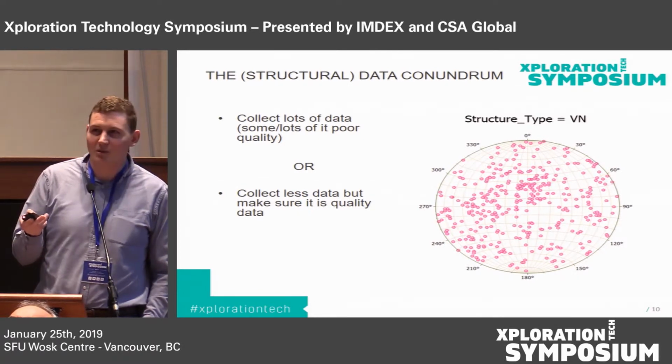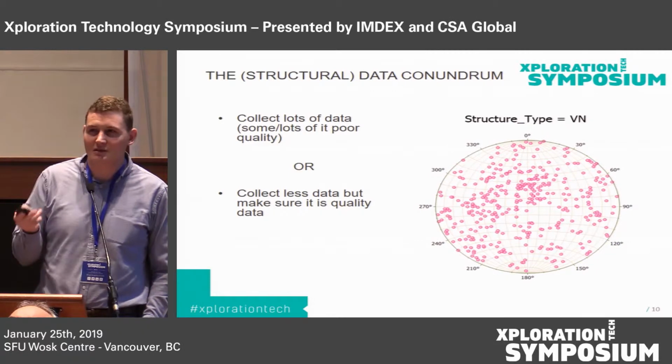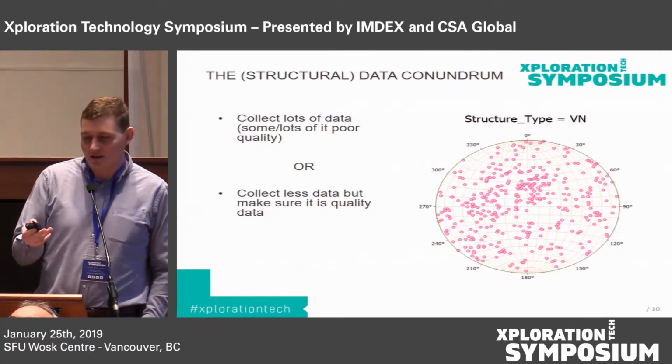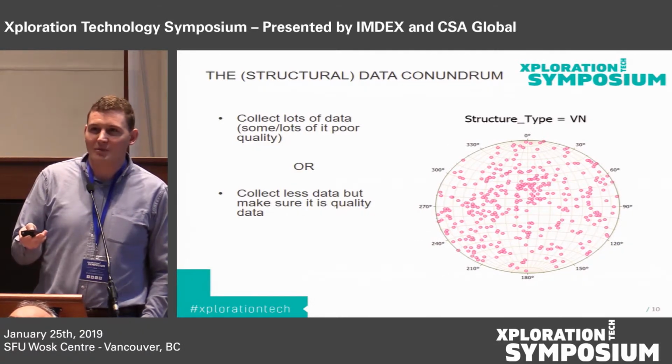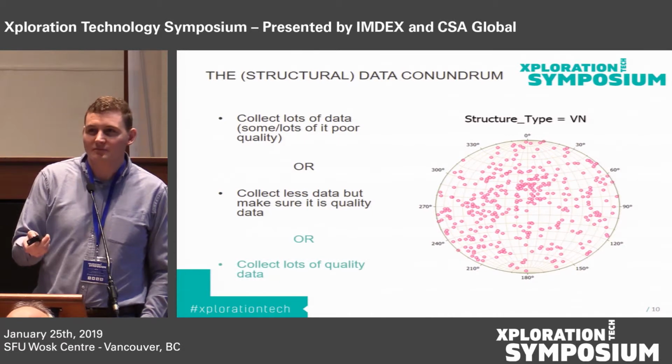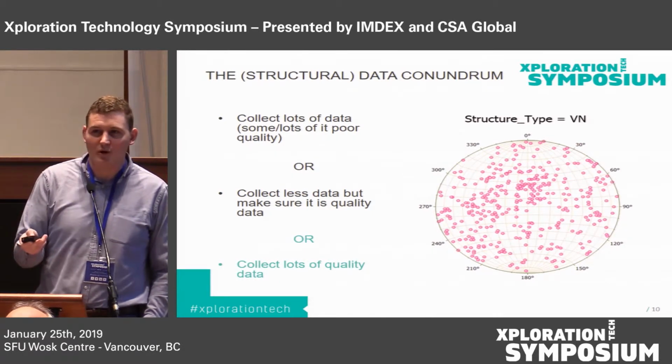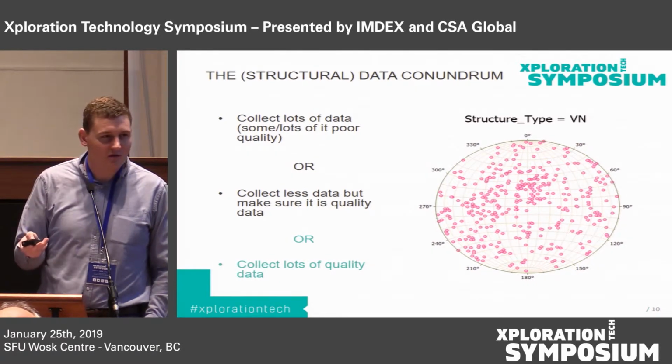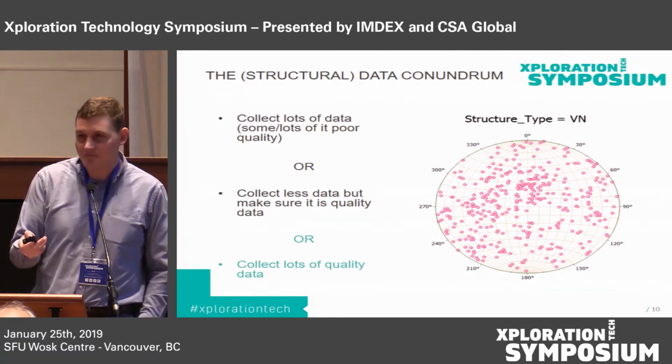Here's an example data set where they just had structure type is vein with no other information, and it's essentially meaningless. So what often happens then is you start getting less data, but at least some of it might be quality data. But ideally, we want to get to a point where we can collect lots and lots of quality structural data.